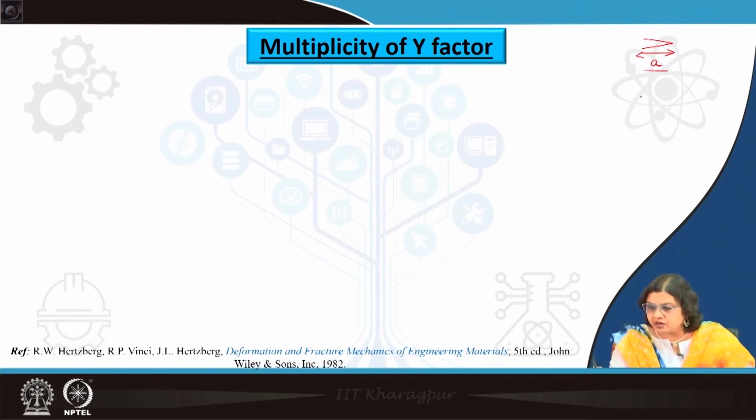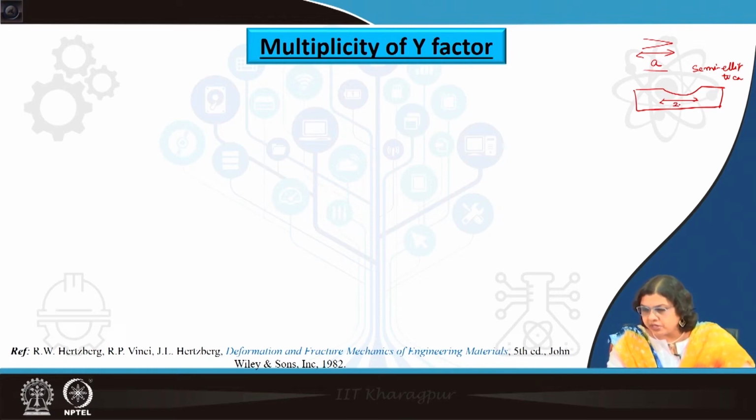For example, let us say a component which looks like this. Okay. So, instead of a surface crack, in this case we have an elliptical or a semi-elliptical void. So, this is a semi-elliptical one, which has a total length for the major axis as 2c, and the minor axis, this is again the half length, and that is equivalent to a.